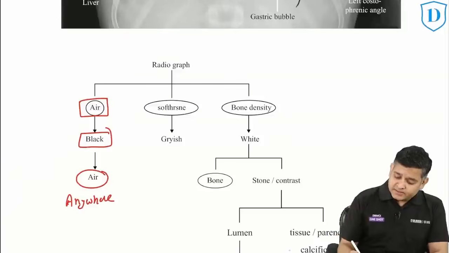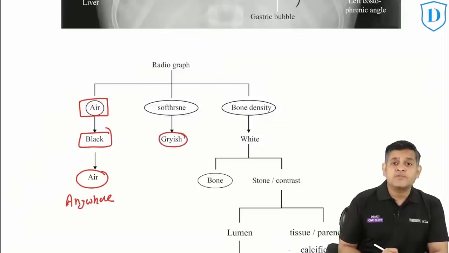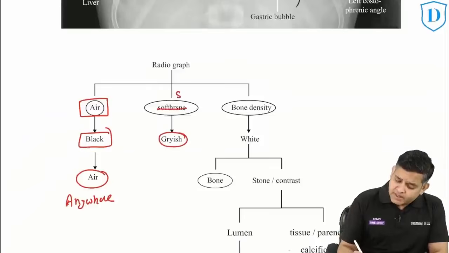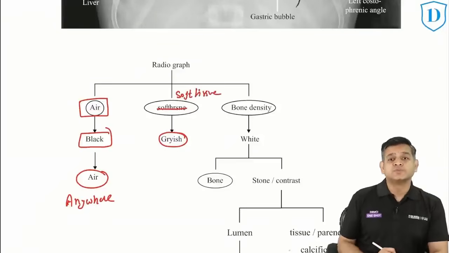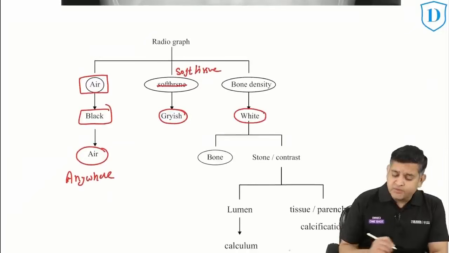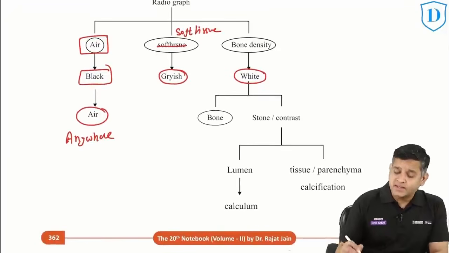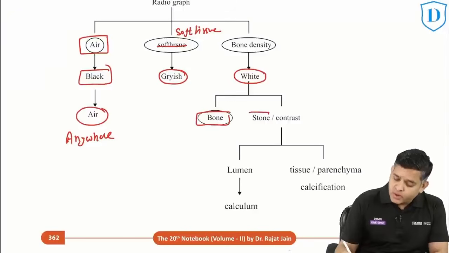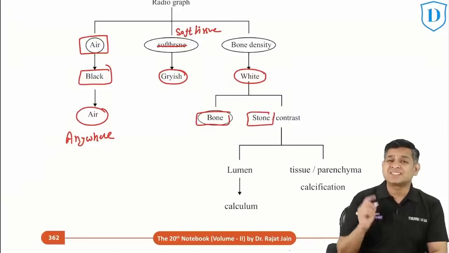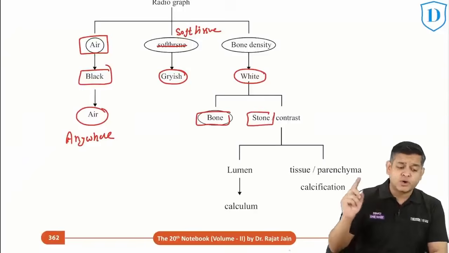Now if it is grayish, then remember, it is soft tissue. If it is white, then I would like to call it bone density, but don't forget that if it is white, it is either bone or stone.